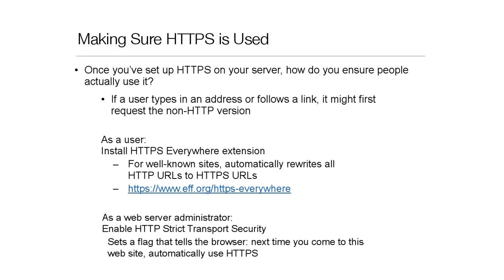So as a user, you have to install the HTTPS Everywhere extension, so whenever you type something in your address bar, it uses the HTTPS address by default. That means it will go through the security protocol suite. Well-known sites automatically rewrite this.